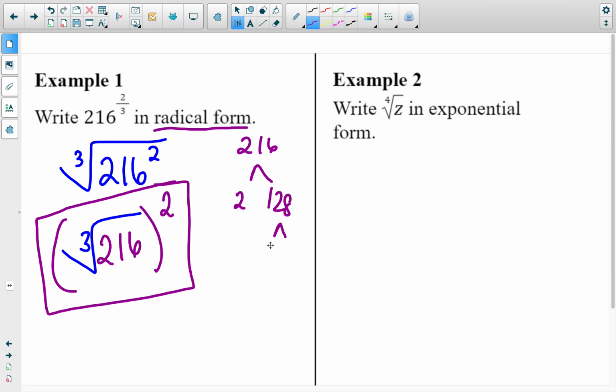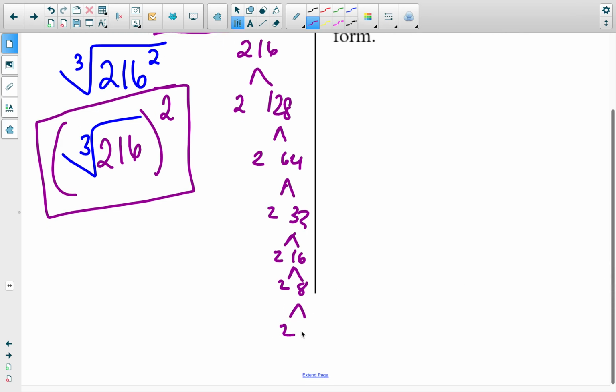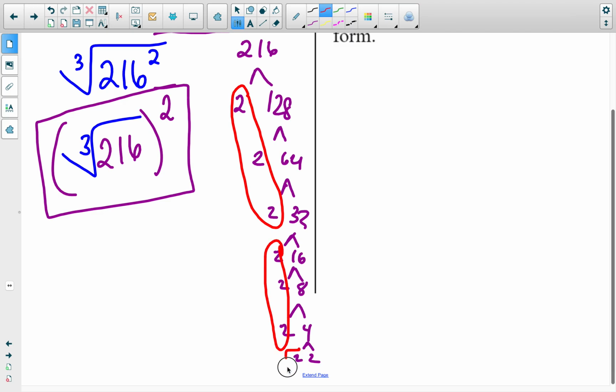We could keep going and keep breaking down and breaking down like we've been doing. But the actual task of the problem is just to write it in radical form. So let's see if we can find groups of 3. There we have groups of 3, and then we have a couple 2's that are going to be left inside. So all of this is going to be raised to the second power. Then we have 2 2's out front, and then the cubed root of 2.